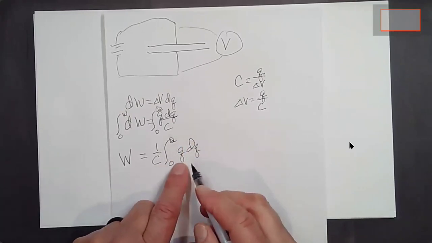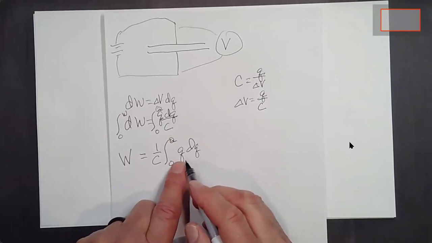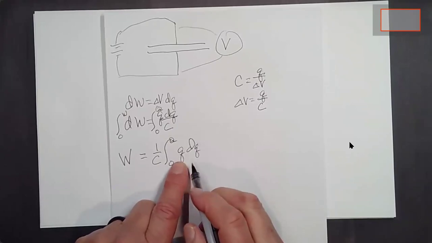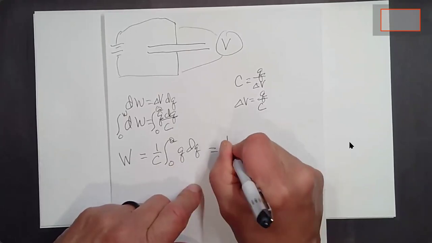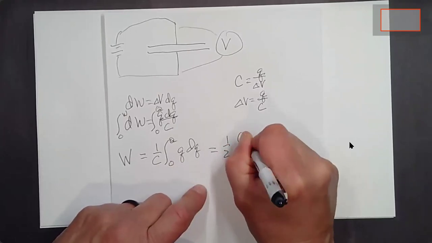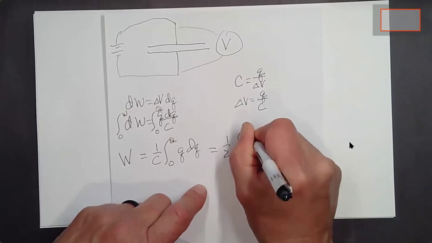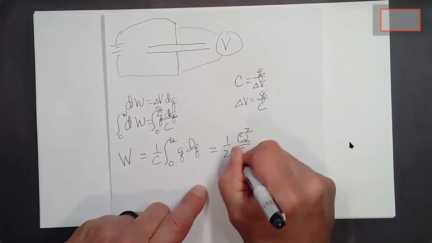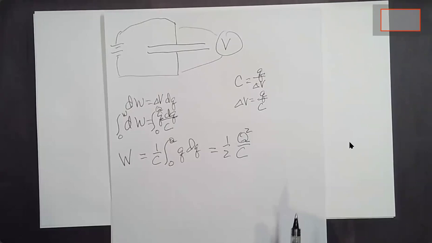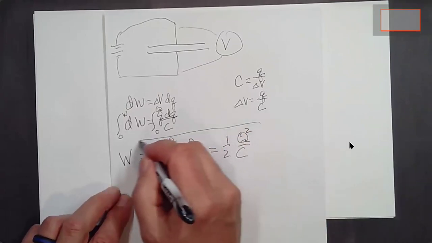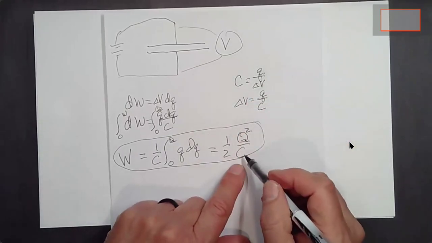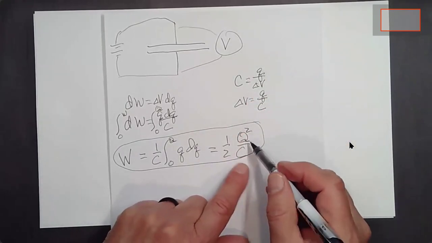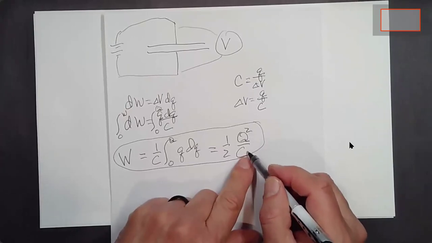And I think you know that'll end up being 1/2 Q squared evaluated at 0 and capital Q. It'll end up being 1/2 of the amount of charge stored on the capacitor squared, divided by the capacitance of it. So that would be the work that it takes to charge that capacitor up.